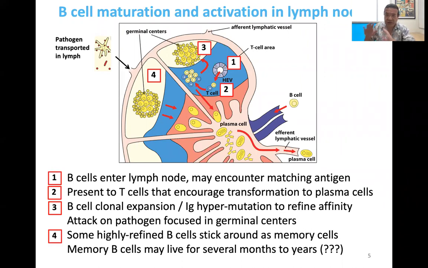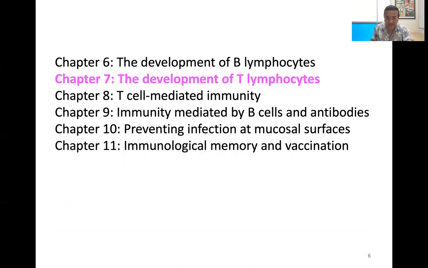Then the focus changes to encouraging more cells to become memory cells that are going to stick around for potentially months or even years to protect you against the reoccurrence or reinfection of the pathogen.